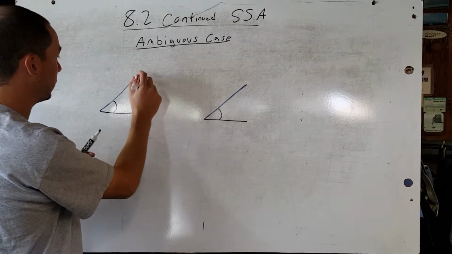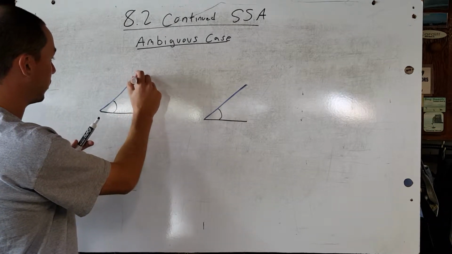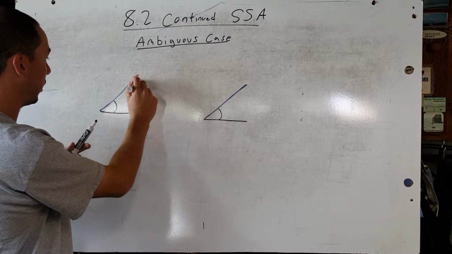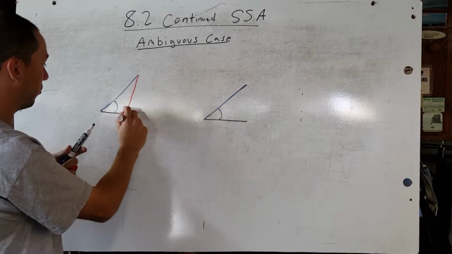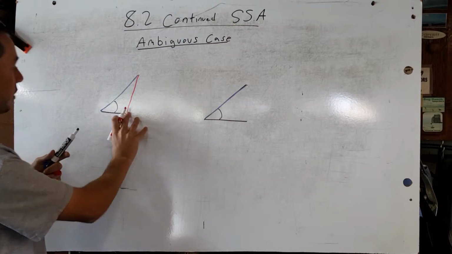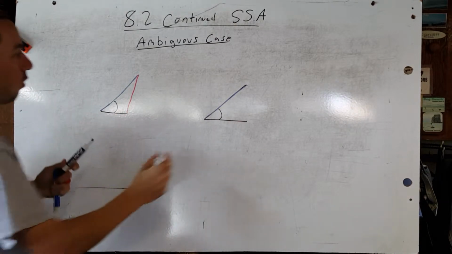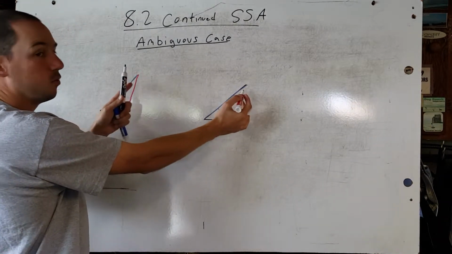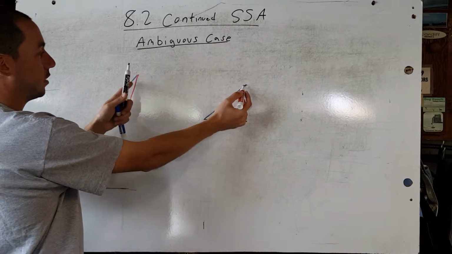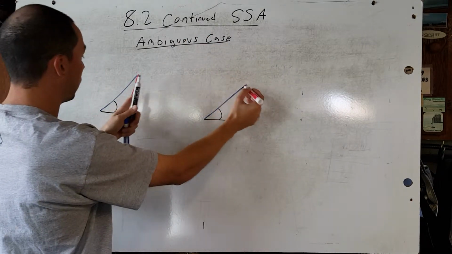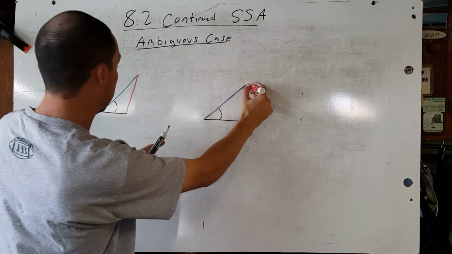It's possible that this side could have a small angle going back towards this side like this. Try to draw the same length here, which means this side is that length. Or, since we know it's side-angle, we don't know anything about this angle. Maybe it's a big angle, and let's call it the same length side here.